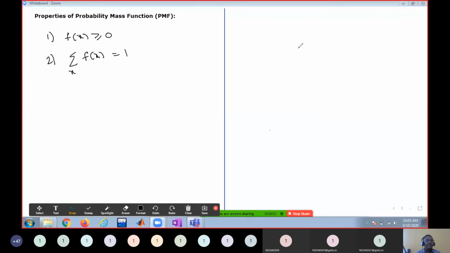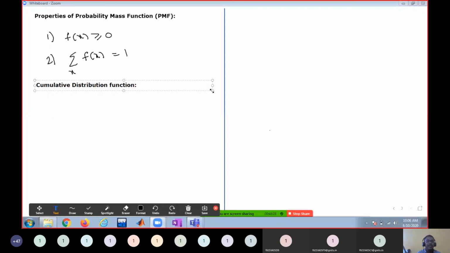Okay. Now there is one more definition called the cumulative distribution function.